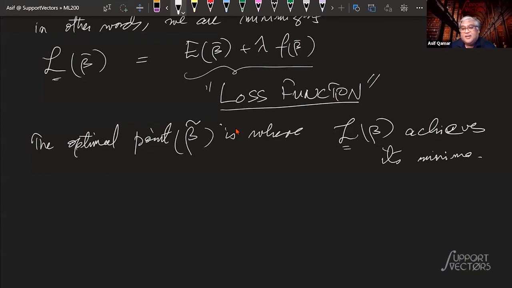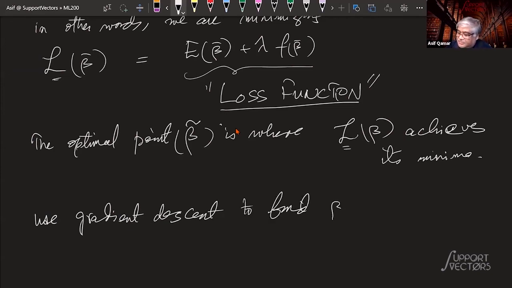You can say that machine learning walks on 2 legs. First, I told you that you quantify the error, and then you decrease the error. Now I'm extending it a little bit more and saying it's not just the error, it is a loss function. In any given problem in machine learning, you first write a loss function. Once you have written a loss function, then you can use gradient descent on the loss function to find the minima, to find beta tilde.